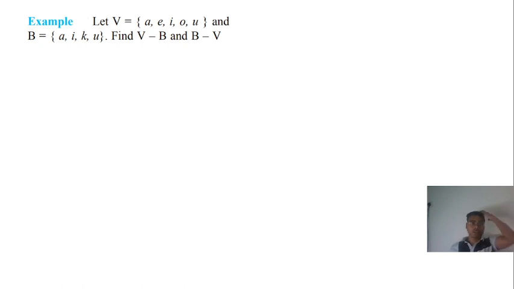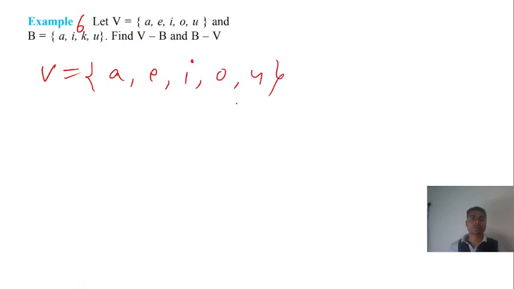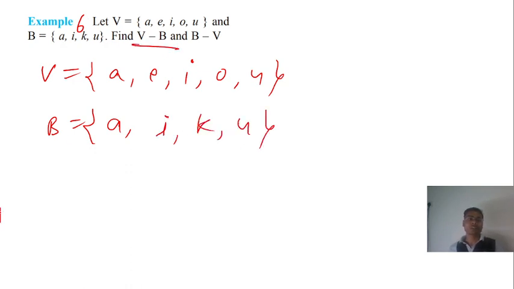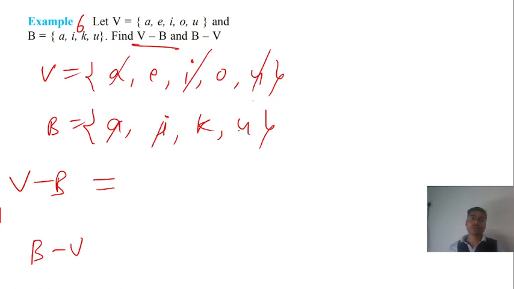Okay, this is another example, example number 6. We are given V, a set of vowels: A, E, I, O, U. And B is another set: A, I, K, U. They are asking for V minus B and B minus V. So we will cancel out the common elements: A is common, I is common, U is common.